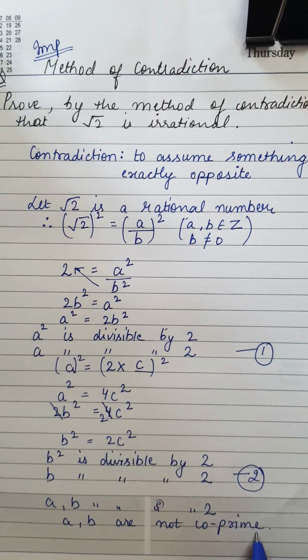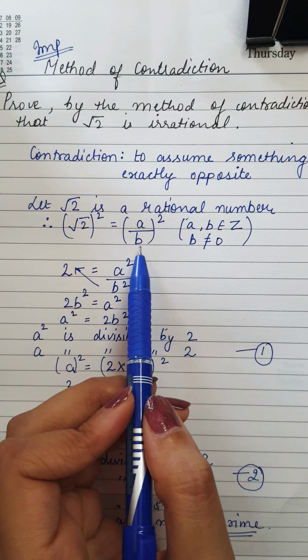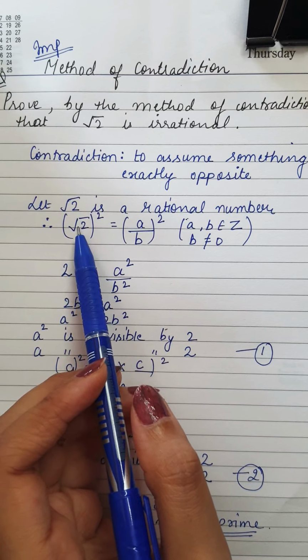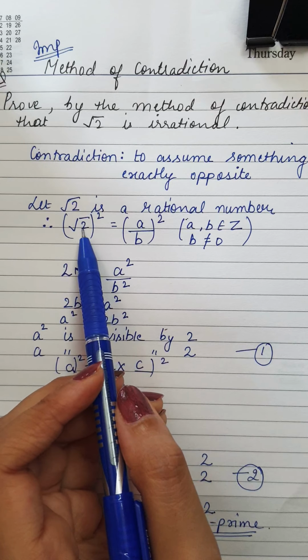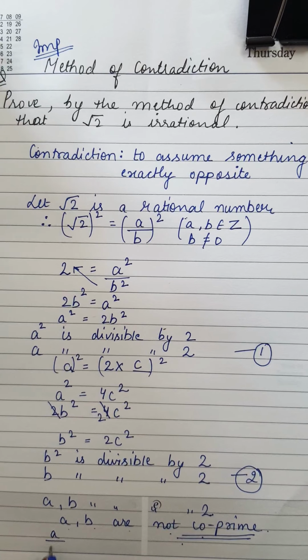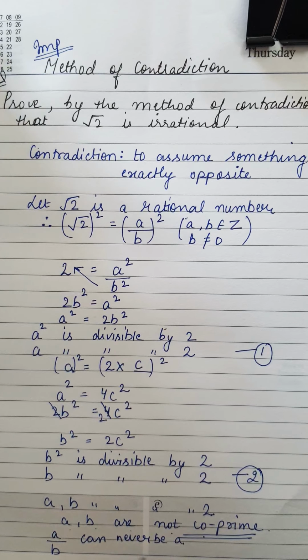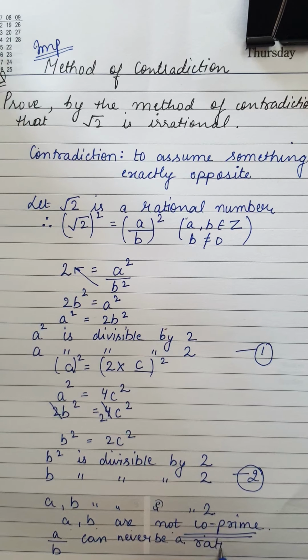And since they are not co-prime, how can a/b be a rational number? That means our assumption is wrong. Understood? Since a and b are not co-prime, I can say that a/b can never be a rational number.